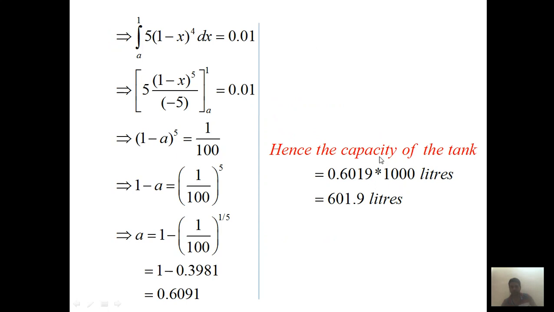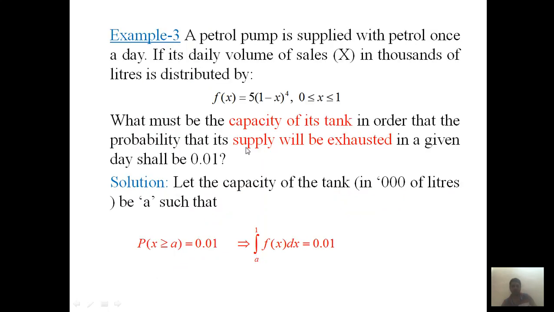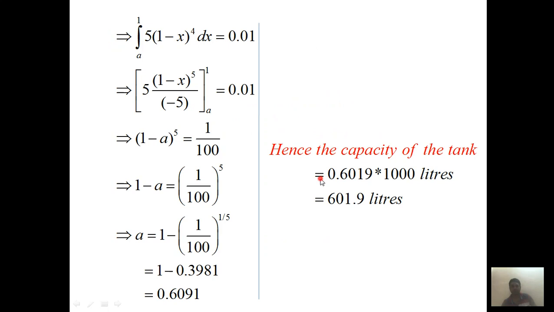So the capacity of the tank is 601.9 liters. Our aim was to find what must be the capacity of its tank, and the capacity of the tank is 601.9 liters. So thank you so much for paying your attention.